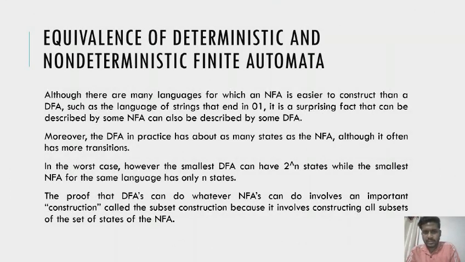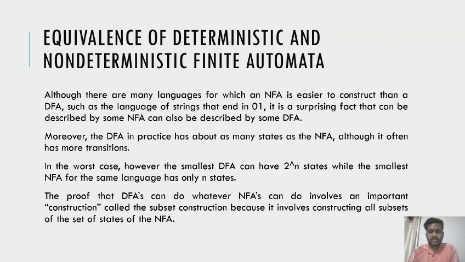Equivalence of deterministic and non-deterministic finite automata. Although there are many languages for which an NFA is easier to construct than a DFA, such as the language of strings that end in 01, it is a surprising fact that every language that can be described by some NFA can also be described by some DFA. Moreover, the DFA in practice has about as many states as the NFA, although it often has more transitions.